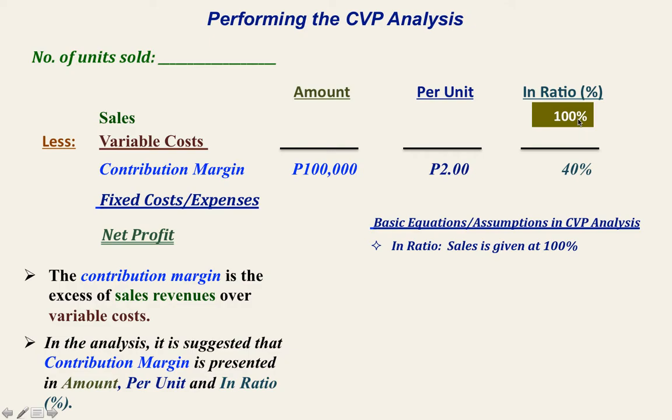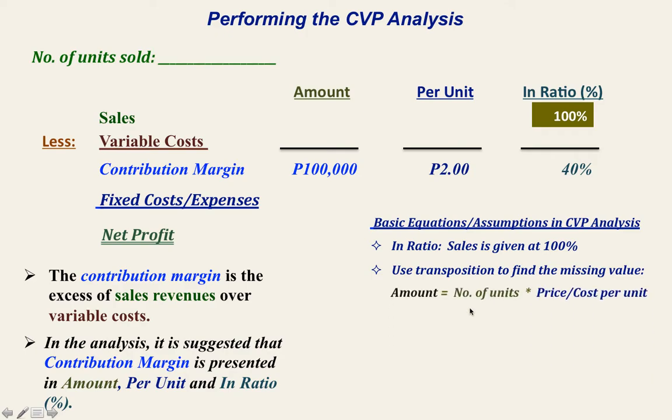So in this case, if it is 100% and you have here 40%, obviously you know already the ratio of your variable cost. Then we have to use transposition to find the missing value. This is the basic formula.